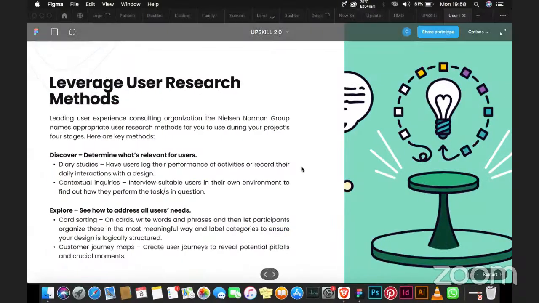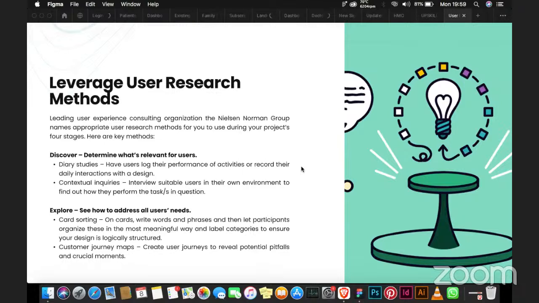I was saying earlier, how to leverage user research methods, right? I said one, discover. When I say discover, I mean determine what is relevant for your users. Whatever application you're building, you have a target audience. So in discovering who your users are, you carry out diary studies.